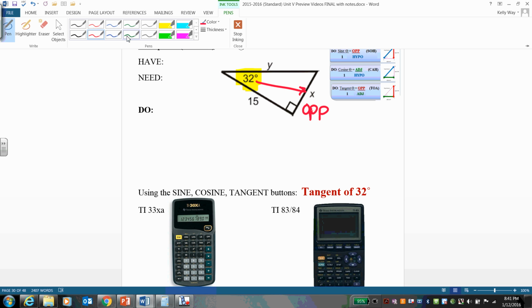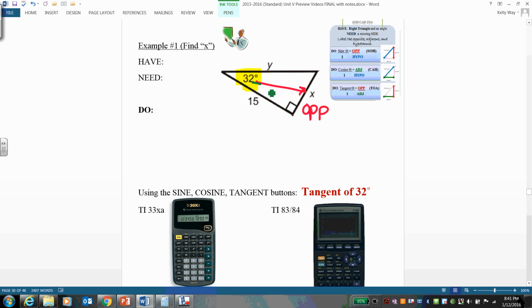That X is going to be your opposite. 15 is adjacent. Here's your right angle, so that forces Y to be your hypo. Now I'm going to do example 1 with you. We are going to find X.